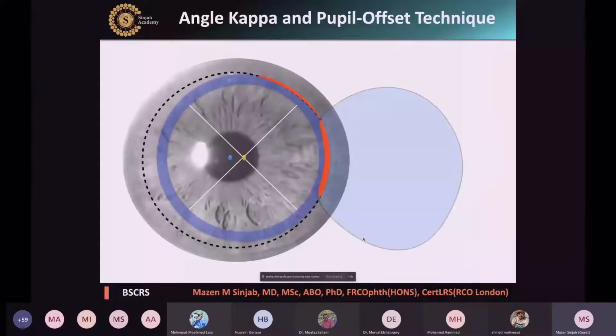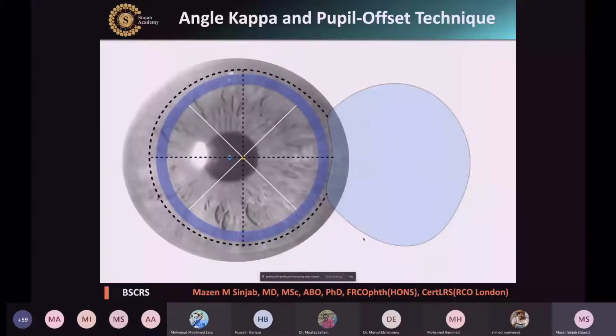Because if we are moving the profile to be centralized with the visual axis, and the flap was not centered with the visual axis, then we are going to hit the hinge, and we may ablate out of the bed, which will cause irregularity and epithelial ingrowth. So we have to consider white-to-white, in order to be sure that we can centralize the flap, avoiding complications.